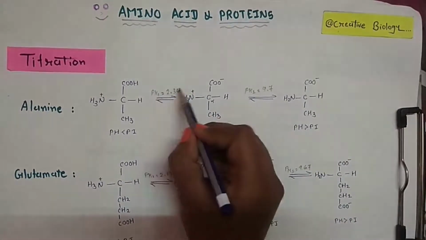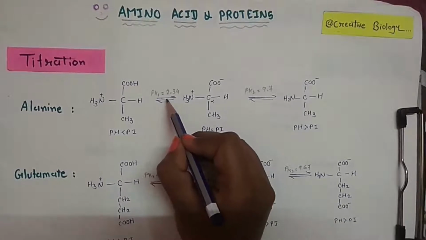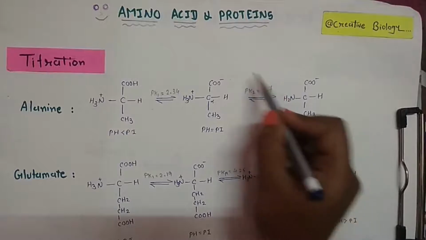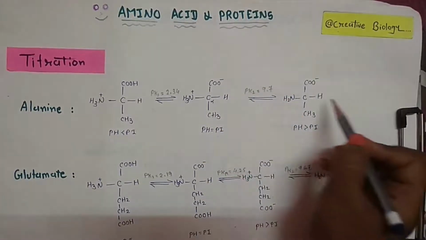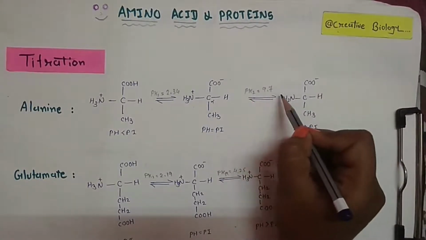The change in pH at that point is pK1, which in the case of alanine is 2.34, and when we titrate this solution with a basic titrant, we get the pK2 value, which is equal to 9.7.